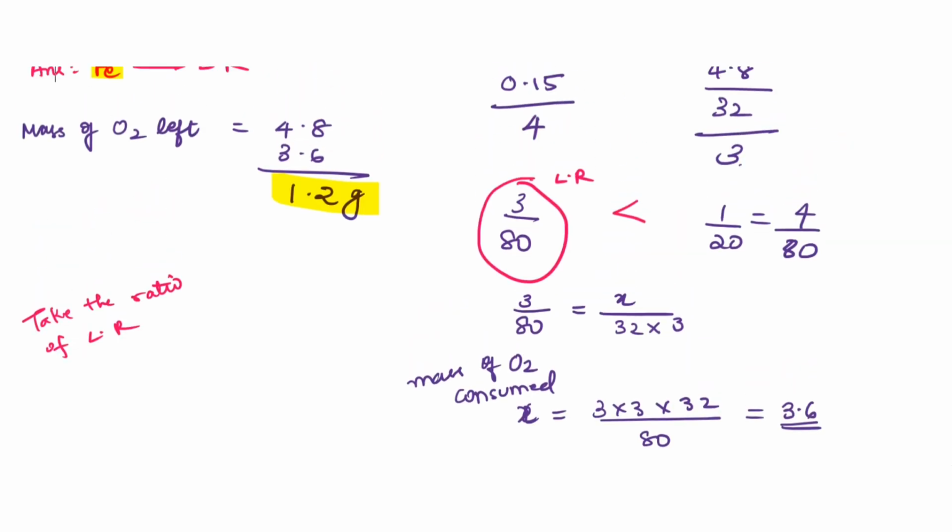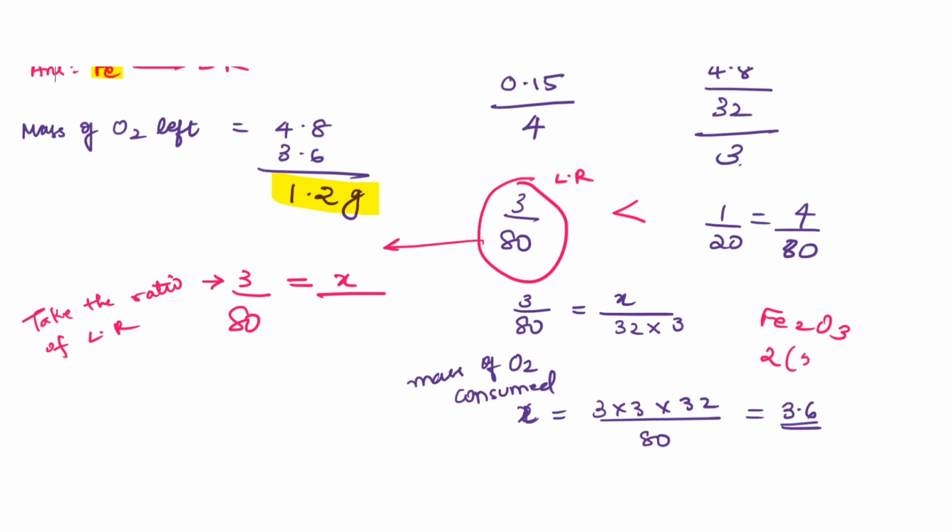Like how we found out the mass of oxygen consumed, similarly we can find the mass of product which is being formed. So we can equate 3 by 80 is equal to x. Here this x represents the mass of Fe2O3 formed, by the same thing: number of moles divided by the stoichiometric coefficient.